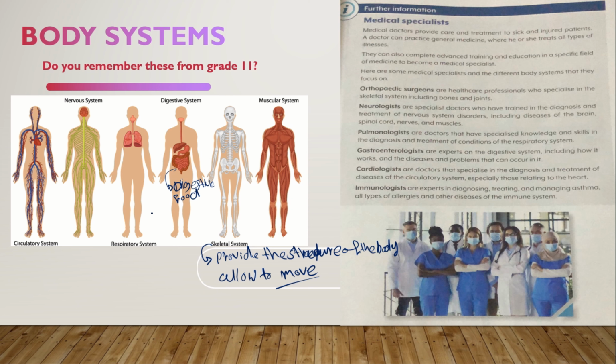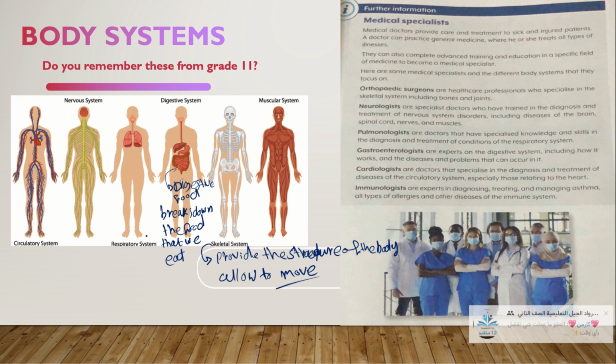The digestive system breaks down the food that we eat. بيقوم بتكسير الطعام اللي احنا اكلناه. تمام. Respiratory system responsible for what? Breathing. مسؤول عن التنفس.